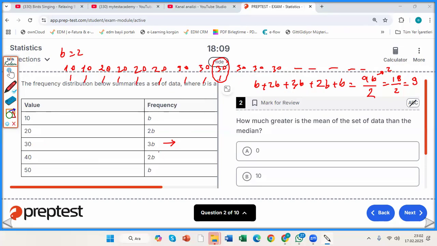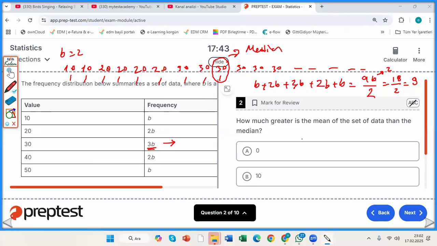As you can easily realize, the median is at 3b. But just in case, I also wanted to show you in the formula once again. Okay, so right now we know that the median is 30.